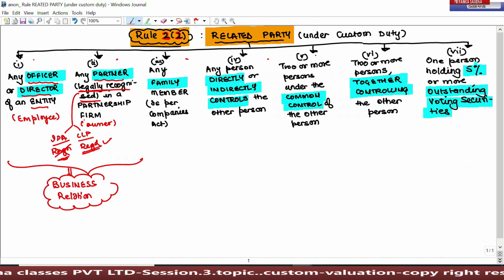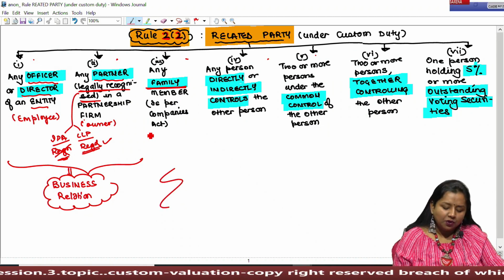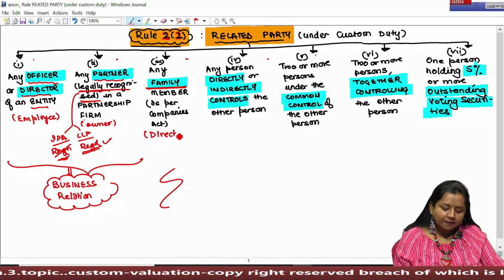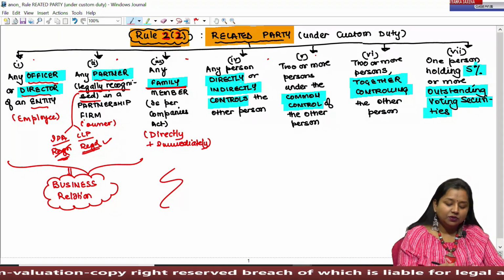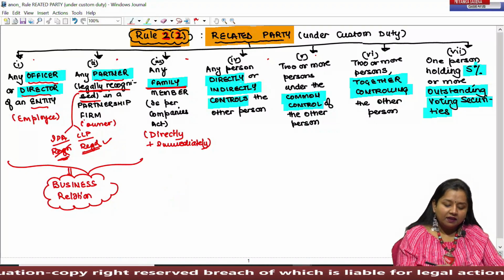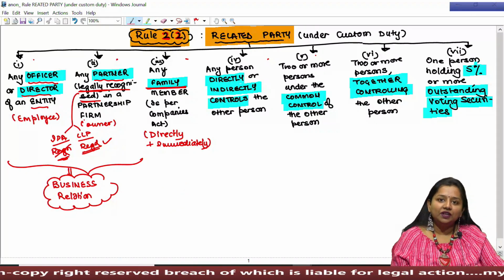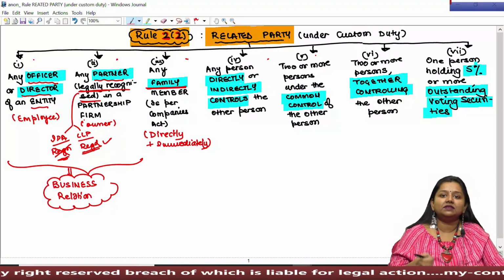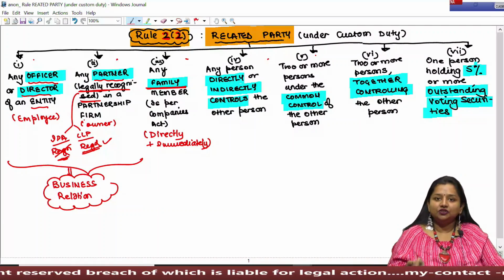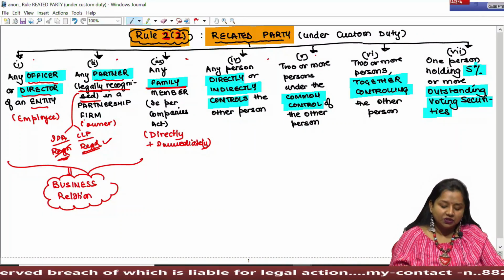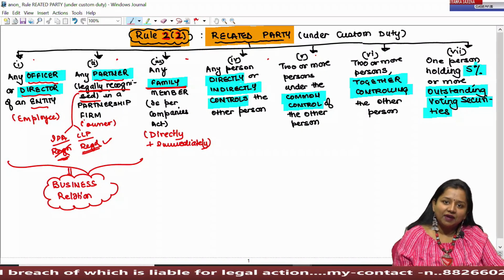Okay. Then the second one says any family member as per the Companies Act. The Companies Act defines any person who is directly and immediately related to the person. That is, if any person is directly or immediately related to any person, such as brother, parents, spouse, children, grandchildren, grandparents and so on, then they shall be treated as family member.